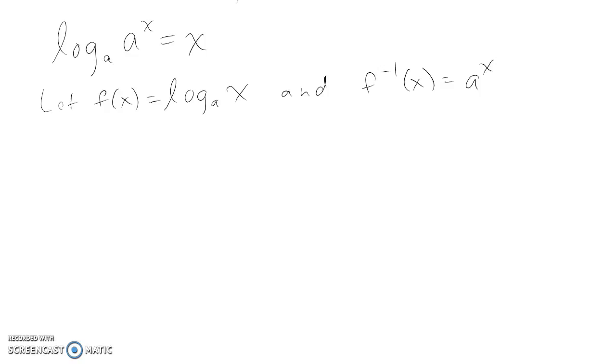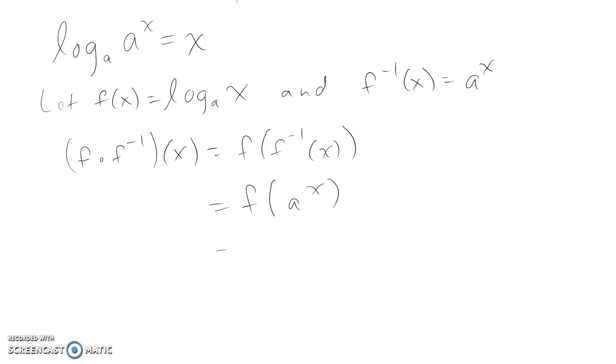If I take f and compose it with its inverse, that's f of the inverse of x. That will be f of a to the x, and in taking a to the x, I'm going to plug it into my f, which is log base a, anywhere I have x.